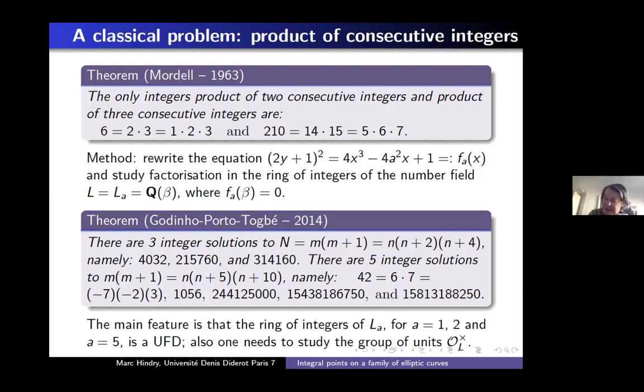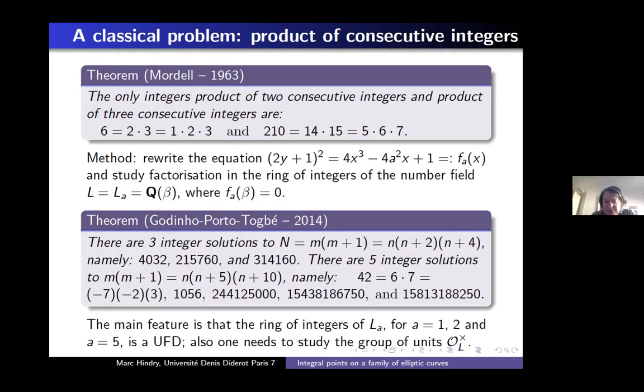And for A equals 5, there are actually 5 solutions. You also note that the last solutions are very large. I mean, they would be difficult to find if you just do a random search, a systematic search. It would be difficult to find them.